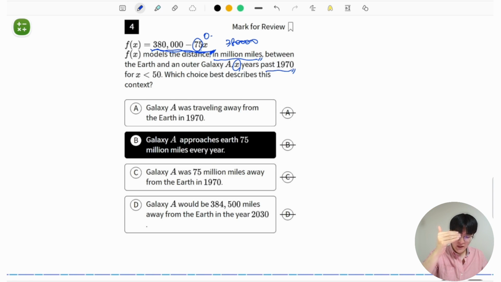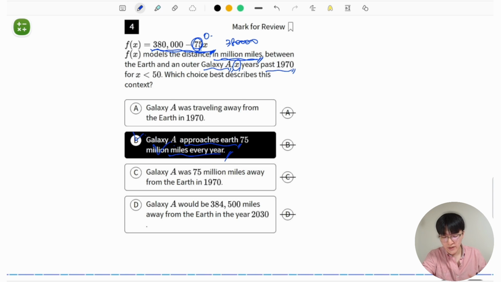And if it's getting smaller, that means that distance is closing in on us, meaning that galaxy A is becoming much closer to us, and therefore it is approaching Earth 75 million miles every year. Now we know that 75, and we know that this is in million miles, so this is correct, and therefore answer choice B is a good answer.